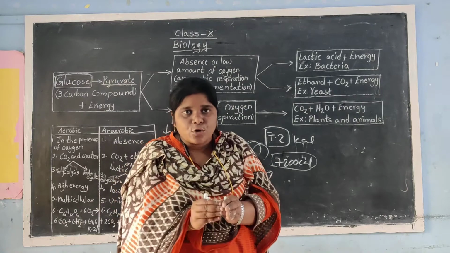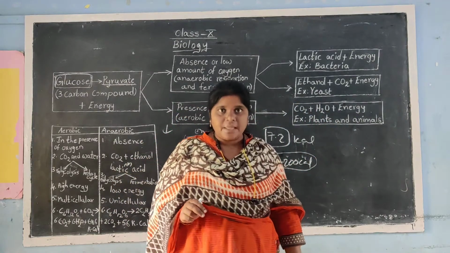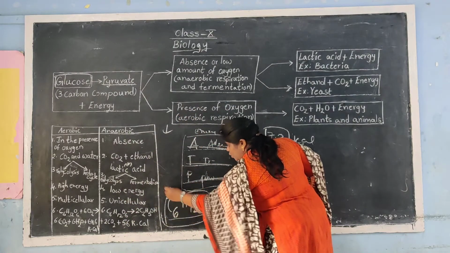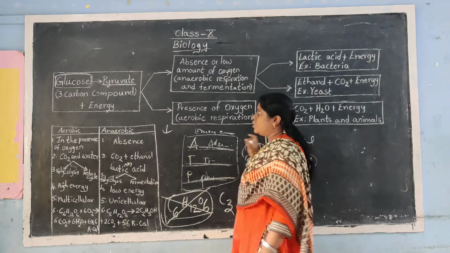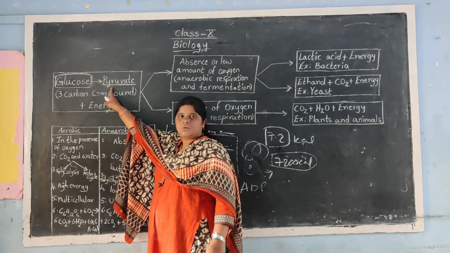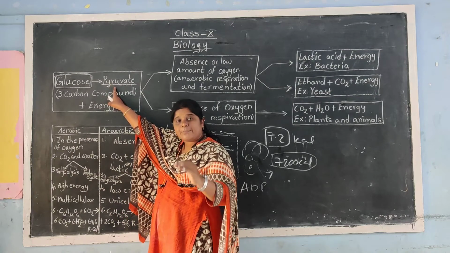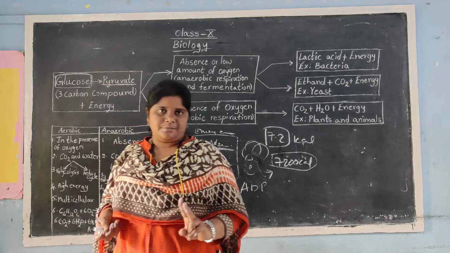So, production of food in the presence of light is called photosynthesis. Now, this C6H12O6 will be broken down into a 3 carbon compound called pyruvate.